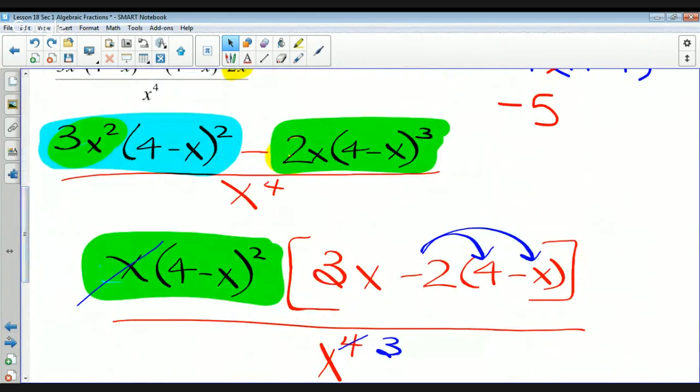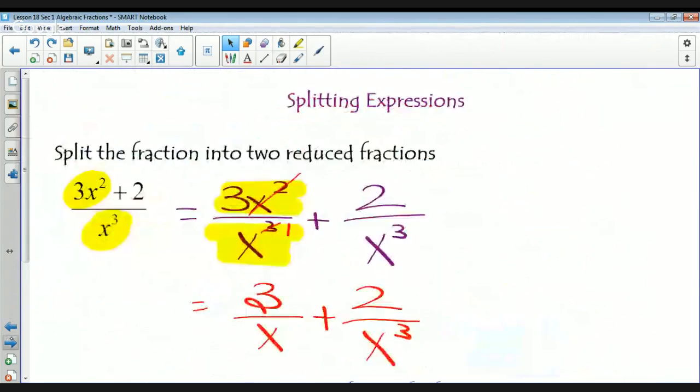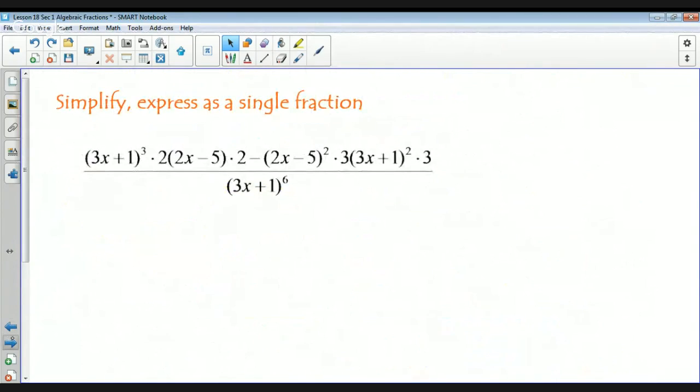So is there any sense in boiling it all out and distributing everything all out and getting this huge, crazy, nasty thing? No. Okay? So I want you to refer back to that example. All right, that's my first suggestion. Well, and if you don't listen to my suggestions, then there you go. It is what it is. So that's my suggestion with that one. Use that example as a reference, right?